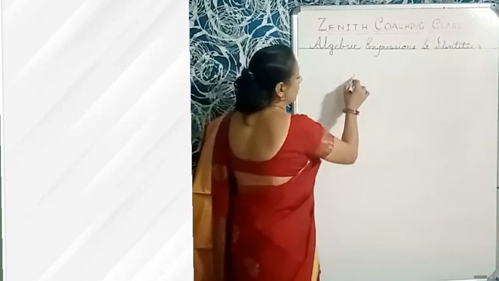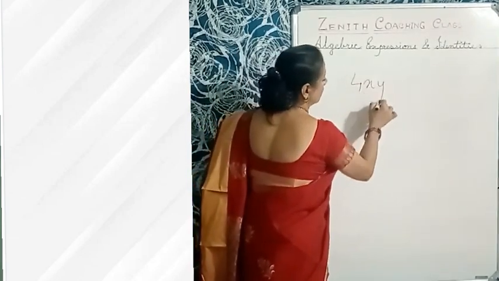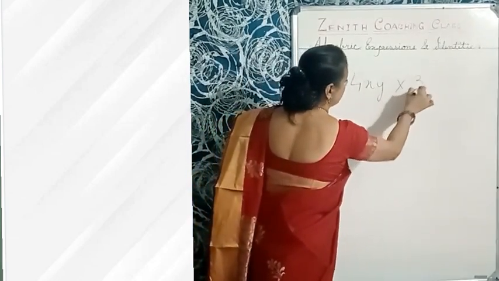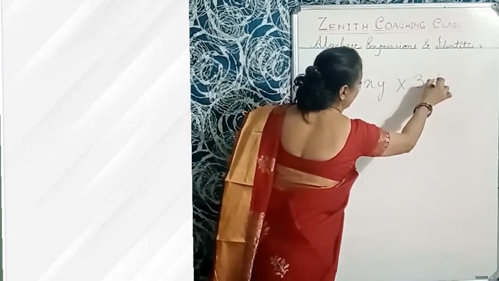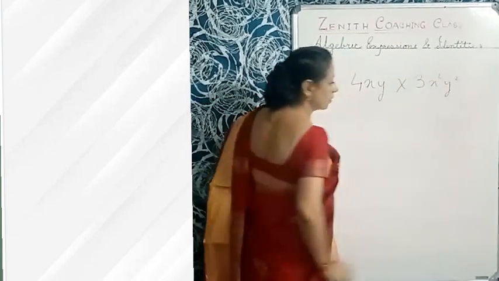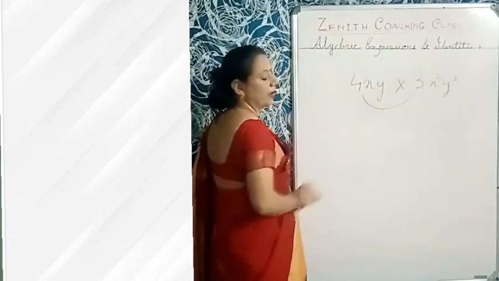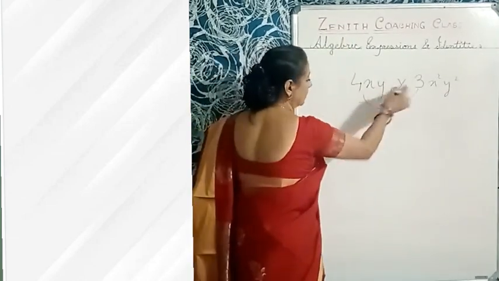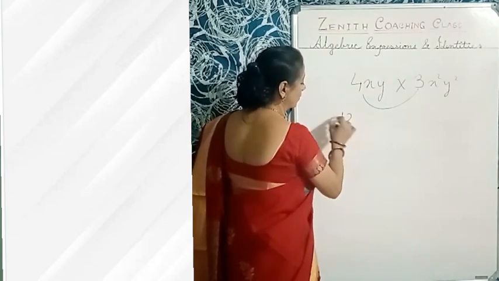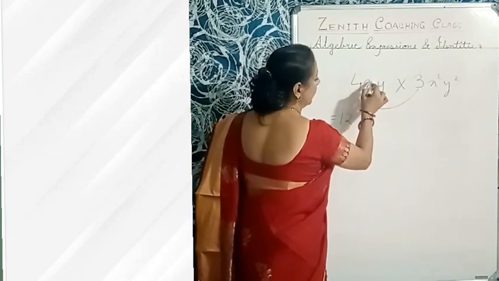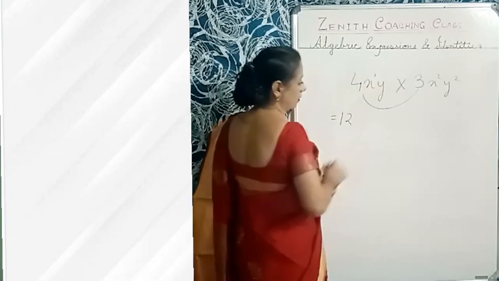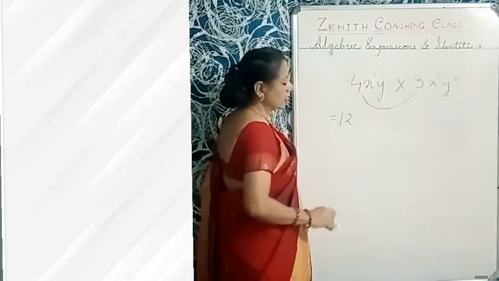So let's see, 4xy multiplied by 3x square y square. First you have to multiply the numerical coefficients, that is 4 multiplied by 3, that is 12. You have to write 12. Now here x to the power 1; we will not write 1, we will write x.